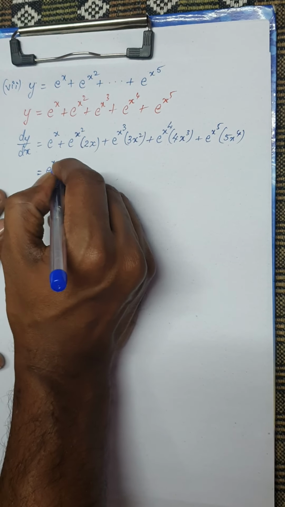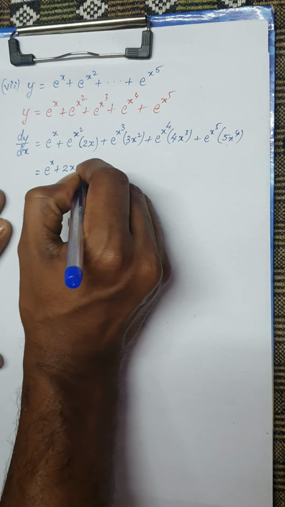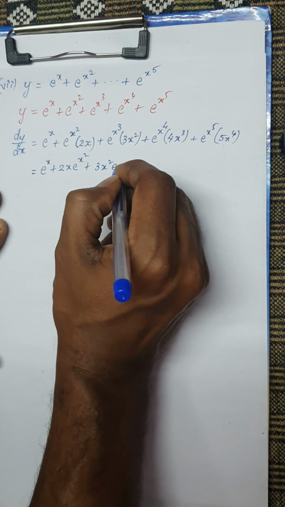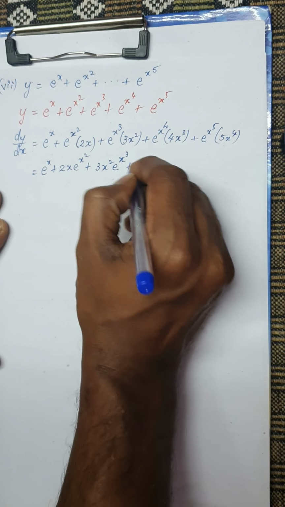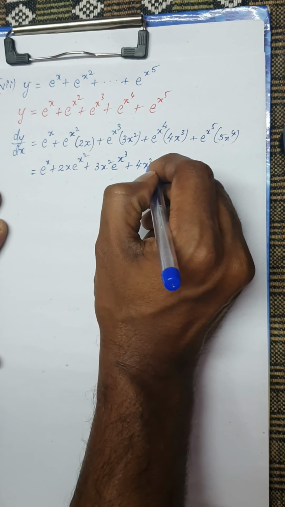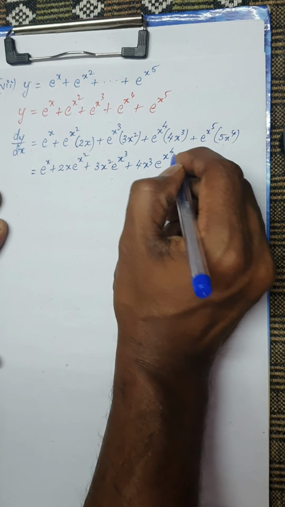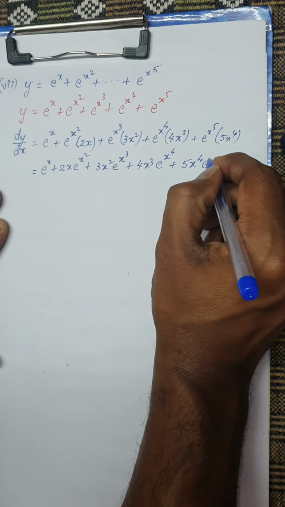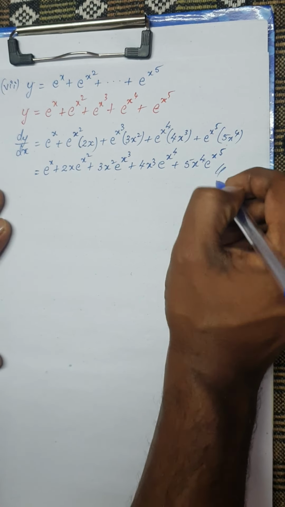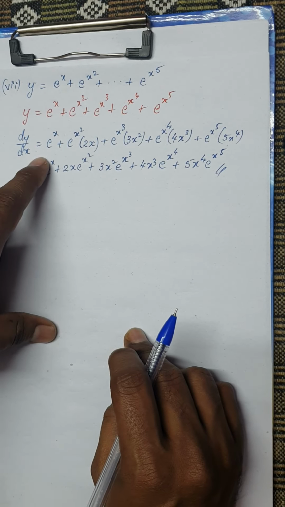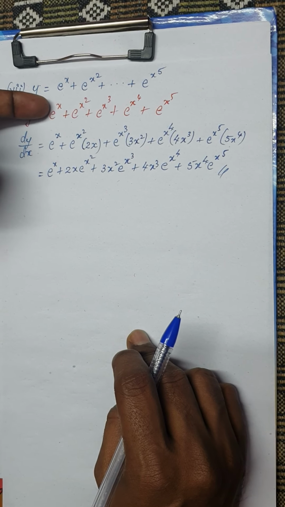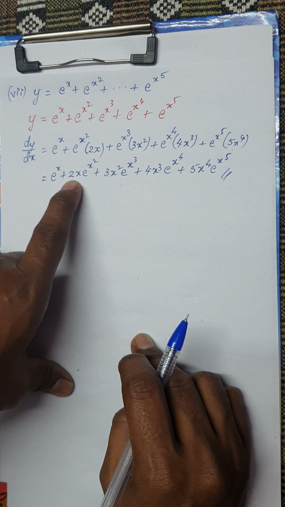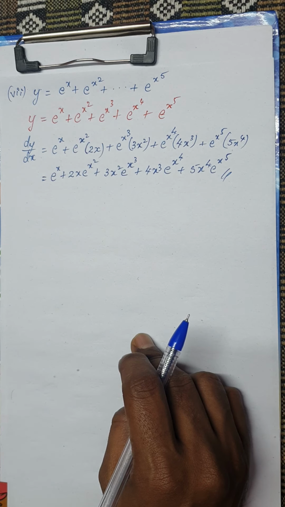So you can write e power x plus 2x into e power x square plus 3x square into e power x cube plus 4x cube into e power x power 4 plus 5 into x power 4 into e power x power 5. If you practice this carefully, you can directly write the derivative from this step to this step in a single step, provided you practice it clearly, right?